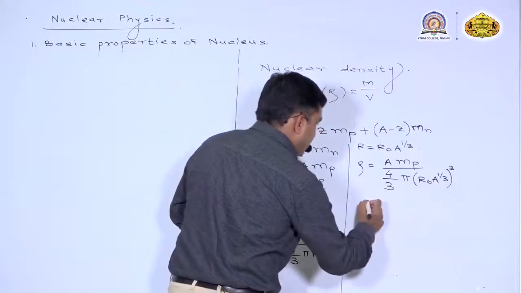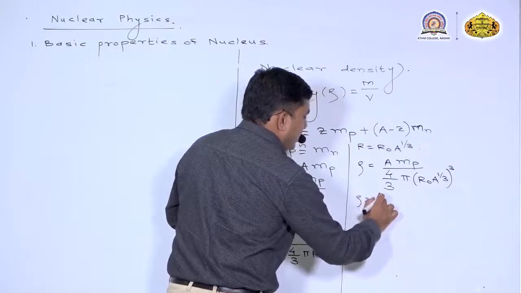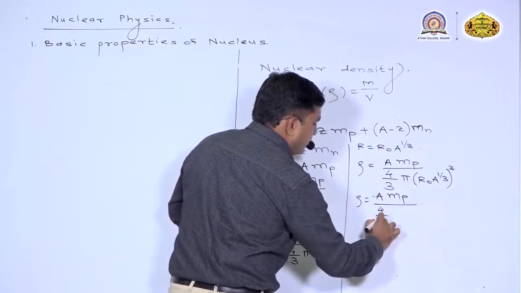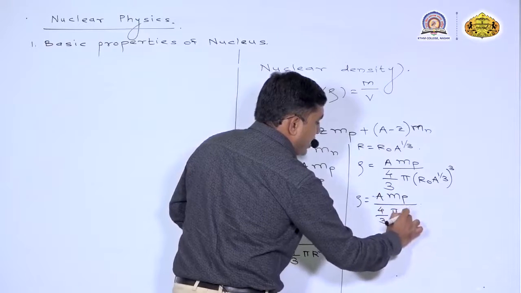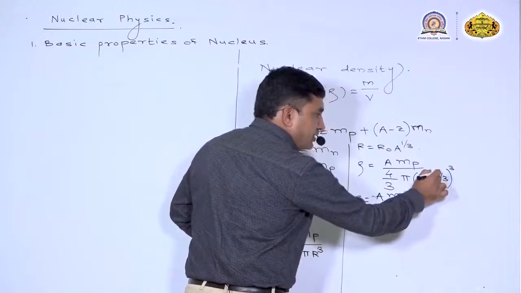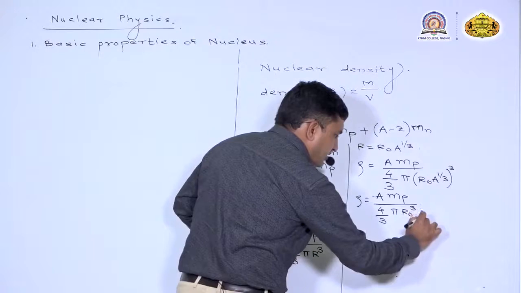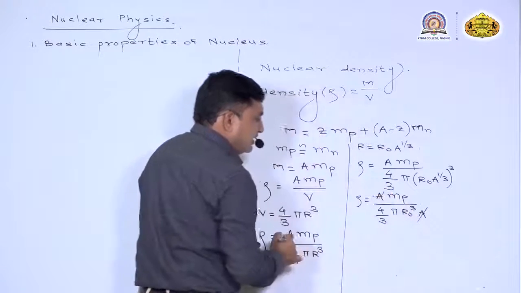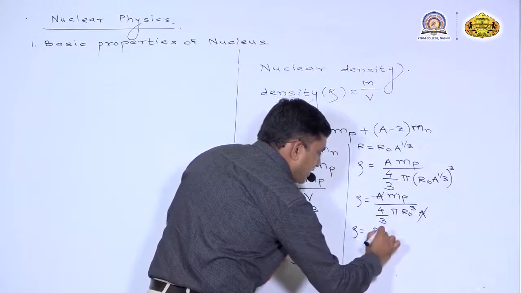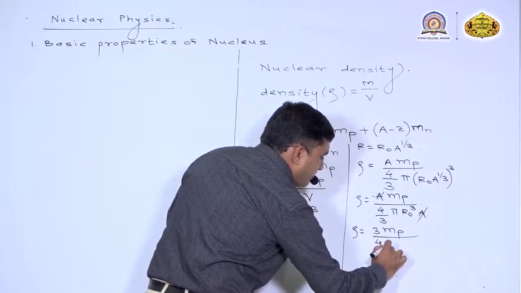This can also be written as rho is equal to A Mp divided by 4 by 3 pi R0 cube into A raised to 1 by 3 its cube, which is A, so the A gets cancelled, and therefore rho is equal to 3 Mp divided by 4 pi R0 cube.